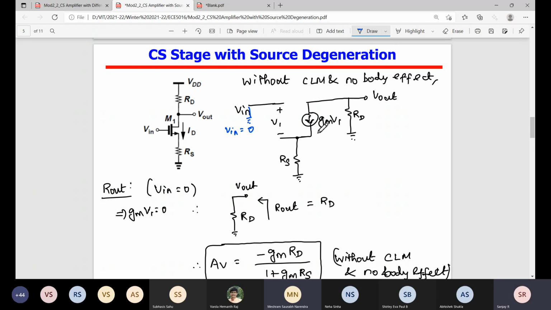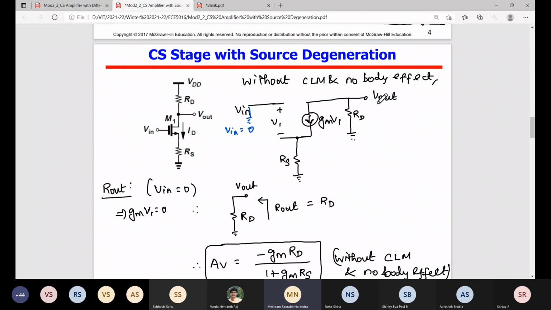One minute, somewhere in... Sir, it should be RD parallel RS. This should be grounded. That's what I'm looking at, how it comes. It should be RD.